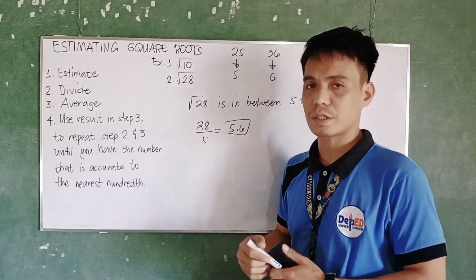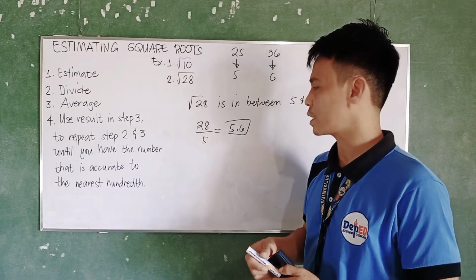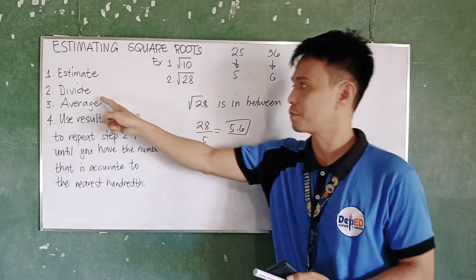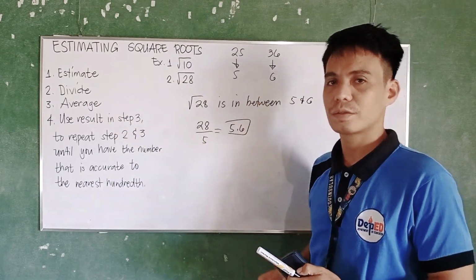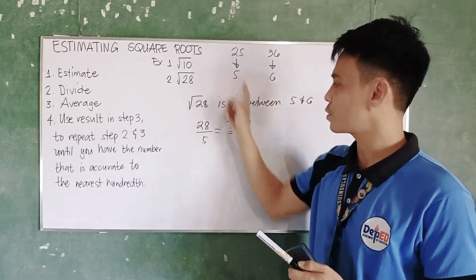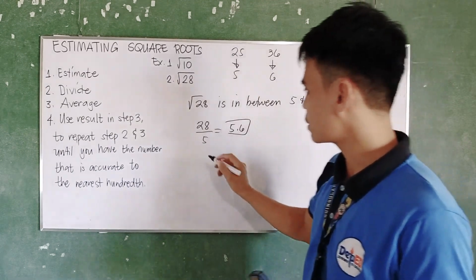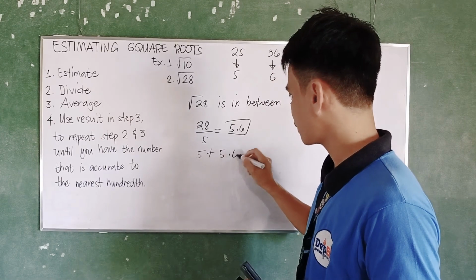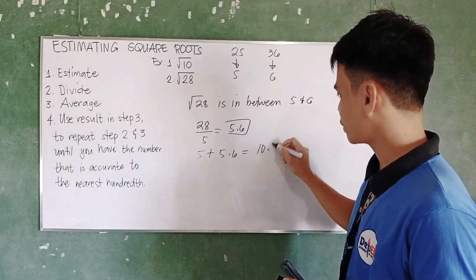So step number 3 is getting the average. So getting the average guys is pag-add natin yung computed answer kanina, doon sa division na ginawa natin, doon sa lowest root natin. So therefore, pag-add natin yung dalawa and divided by 2. Okay, so therefore, mangyayari dyan, 5 plus 5.6 is equal to 10.6.